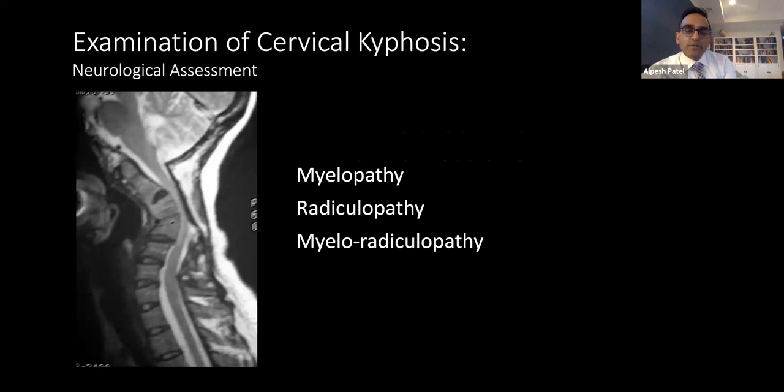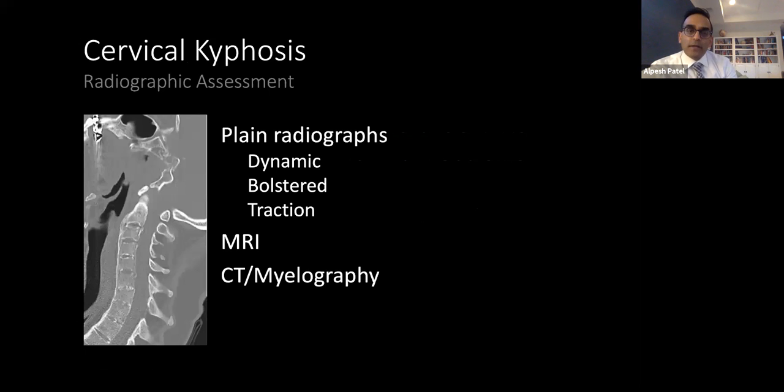When we examine these patients, we want to think about, again, what's their neurological assessment: myelopathy, radiculopathy, myeloradiculopathy. Radiographically, and we'll get to some more pictures in a minute here, we obviously are going to start with plain radiographs. This is a situation where flexion-extension films sometimes are helpful, but dynamic films, rather bolstered films, so having them lay down, extending back and seeing what gravity does when gravity is neutralized.